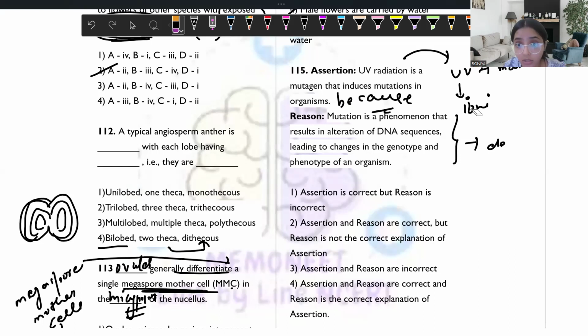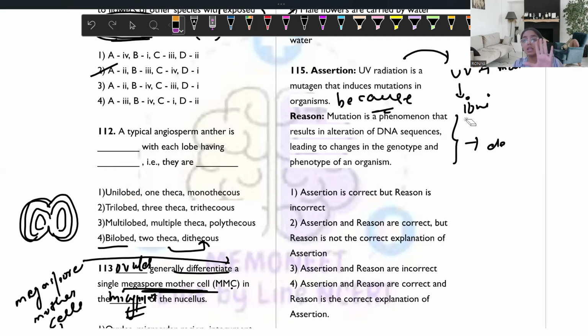UV radiation is a mutagen that induces mutations because mutation is a phenomenon that results in alteration of DNA sequences leading to changes in genotype and phenotype of organism. Why is UV radiation a mutagen? Because it is inducing mutation. Now what is mutation? It is a phenomenon resulting in change in DNA or genes of an organism. It can be seen in the genotype and also on the appearances. Yes, the reason is correct.